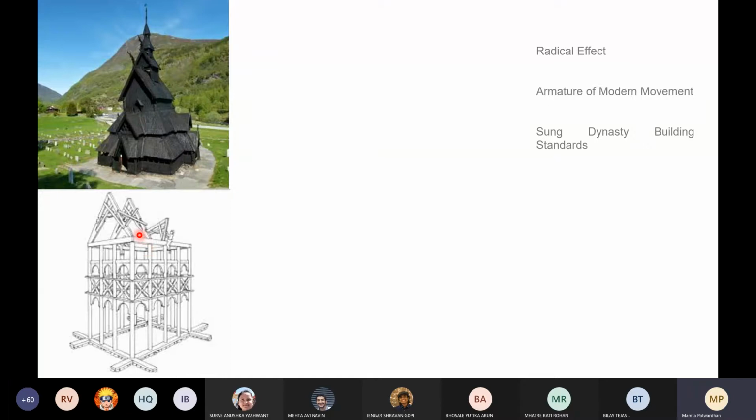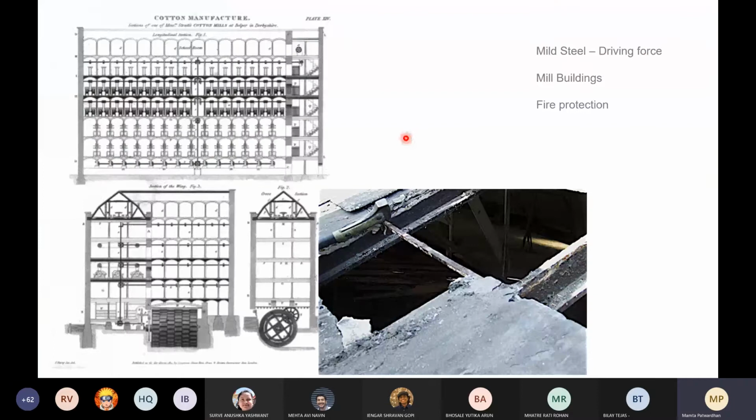So architecture theories were still very deeply rooted in the trabeated tradition, and it was only then when Mises' mild steel examples proved potent and became a driving force behind the revolutionary frame construction or buildings.